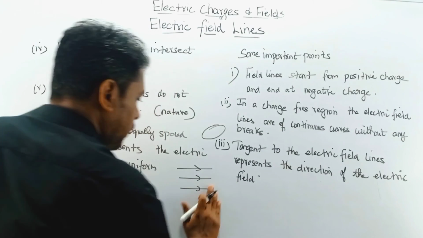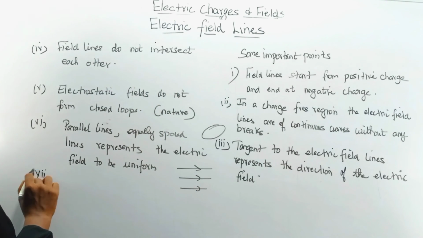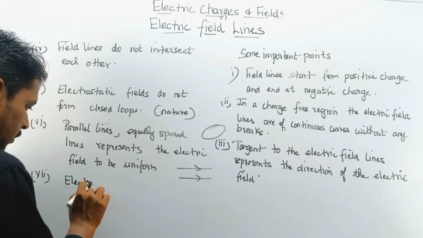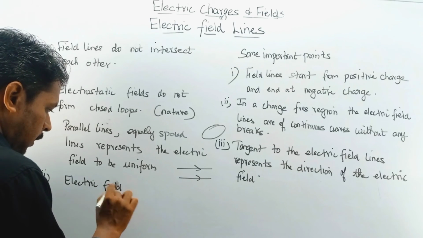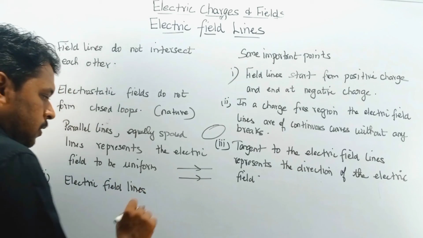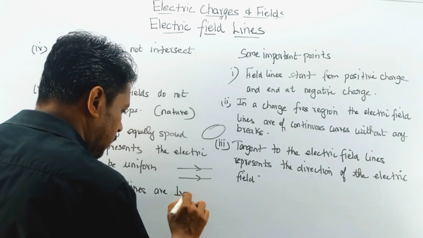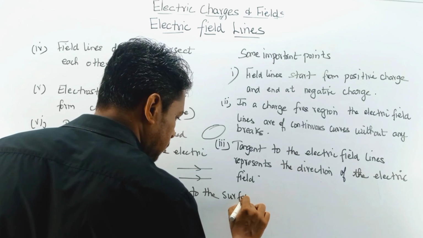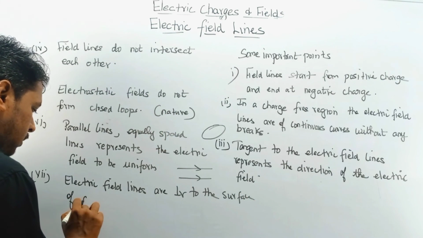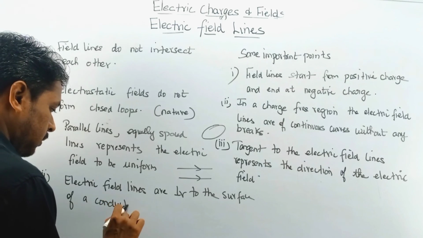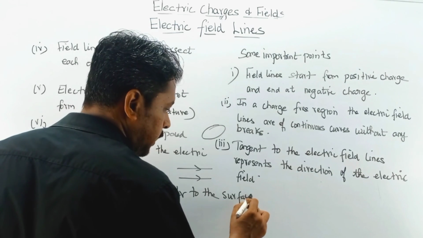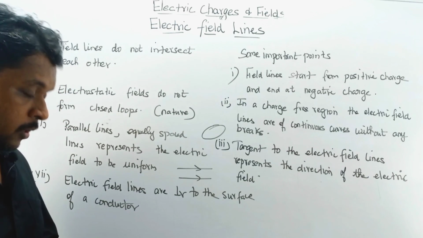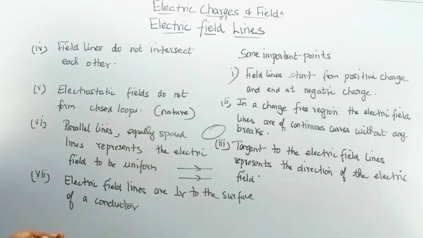The seventh point: electric field lines are perpendicular to the surface of a conductor. So they are always perpendicular to the surface of a conductor. Okay, so these are the seven important points regarding electric field lines.